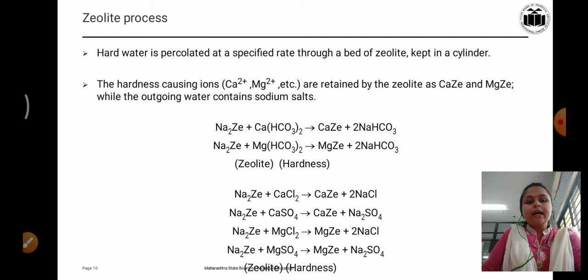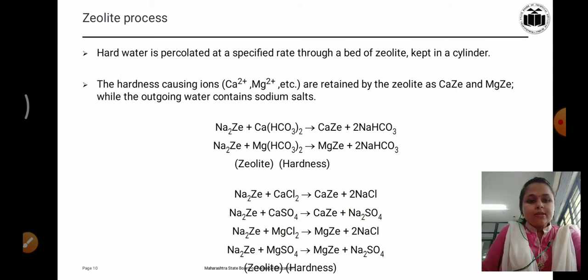If calcium chloride and calcium sulfate impurities are present in that hard water, then also the calcium replaces this sodium and it forms CaZe plus NaCl, and this Na2Ze also reacts with the calcium sulfate and forms CaZe and sodium sulfate.